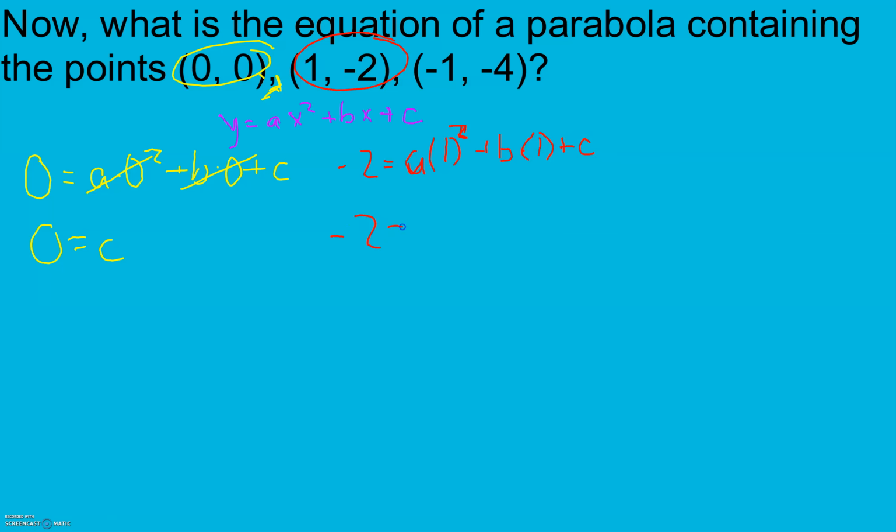Simplify here. And my third point. y is negative 4, a we don't know, x is negative 1 squared, b we don't know, x is negative 1, and c.